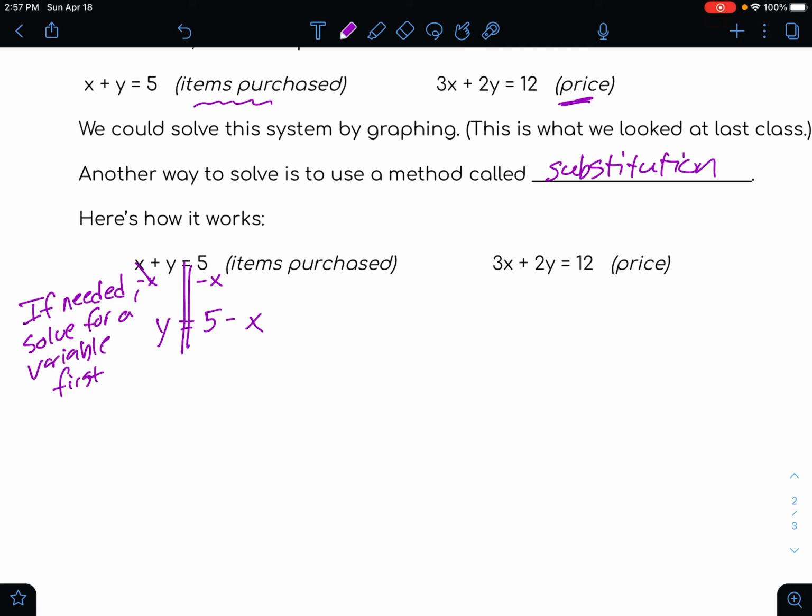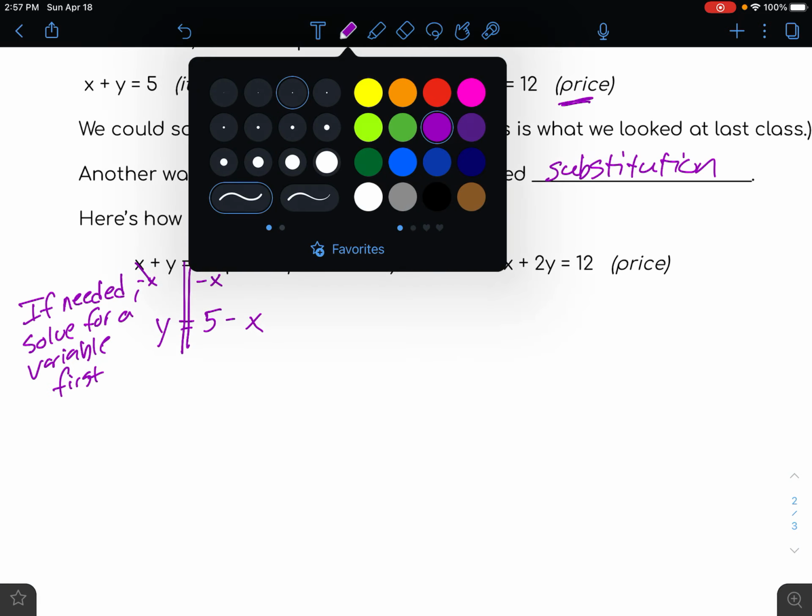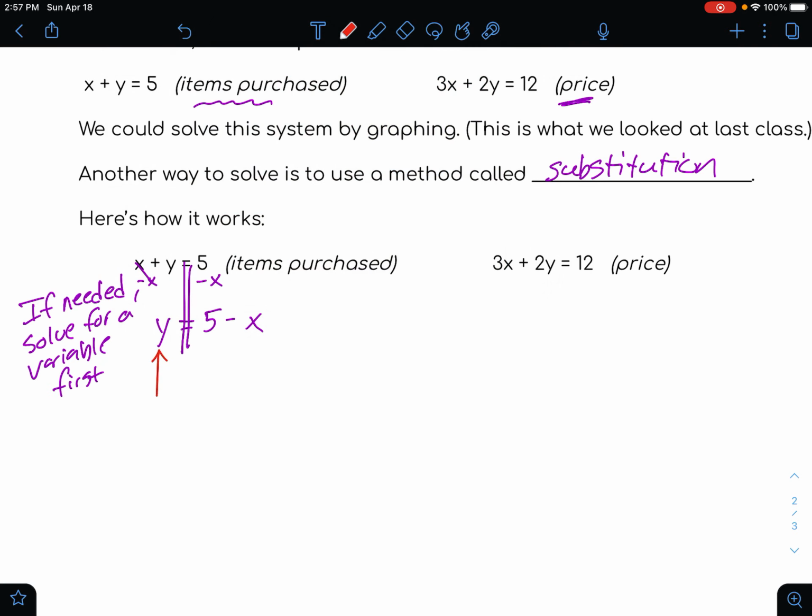All right, so once I have that, and for this method to work, you are going to need to get one of the equations into either a y equals or even an x equals, because we're going to then look at the fact that these two things, the y and the 5 minus x, are equal to each other. That's what an equation is. It's just an equality statement, right? Both sides of the equation are equal to each other.